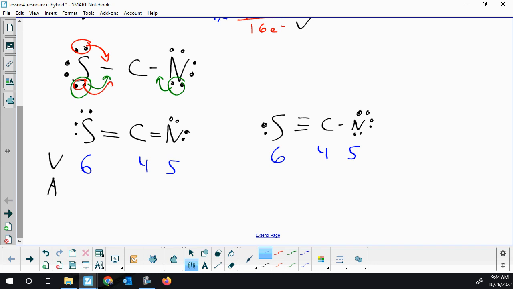How does formal charge deal with those bonds? We've got a dash, and the dash is a pair of shared electrons. With formal charge, you're just going to split them up and send 1 electron each way. There's 2 electrons; 1 electron in the dash came from sulfur, 1 came from carbon, so we're just going to put them back.